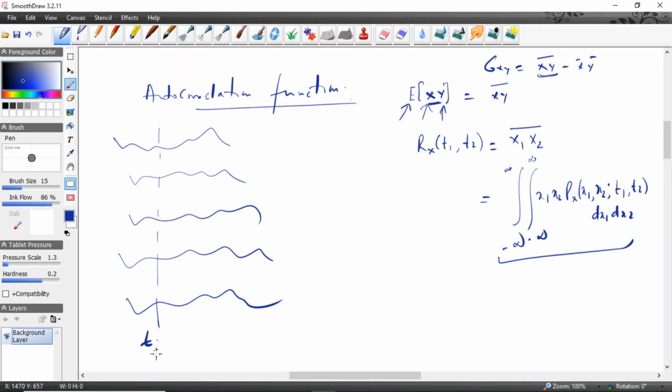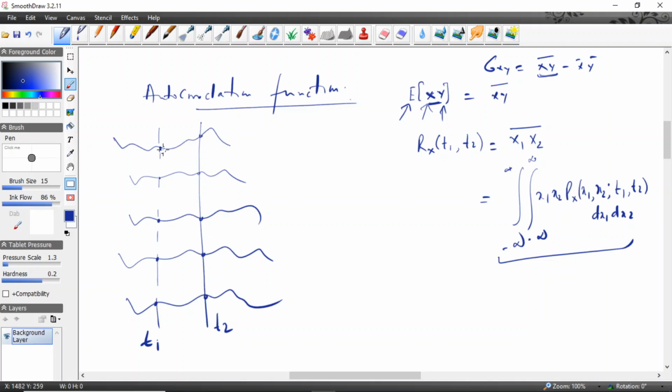So at some time t1 you have one random variable, say x1, and at another time instant t2 you have another random variable. So you are trying to find a correlation between these two.